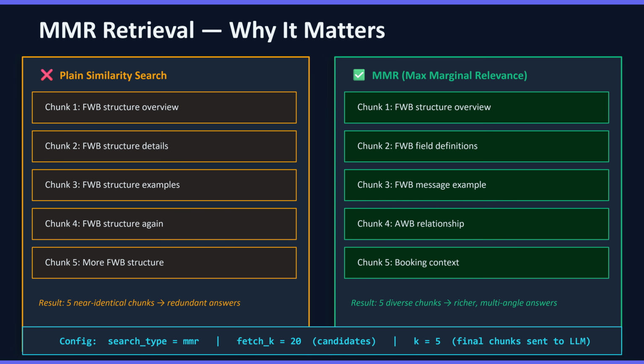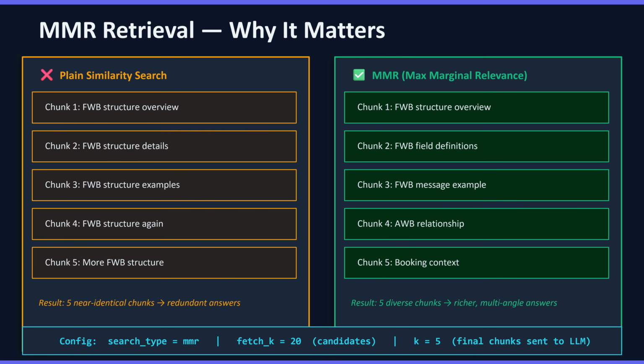You ask, explain FWB format. Plain similarity search finds the five chunks that are most similar to your question. But the five chunks might all be from the same section of the manual, all talking about FWB structure, just with slightly different wording.